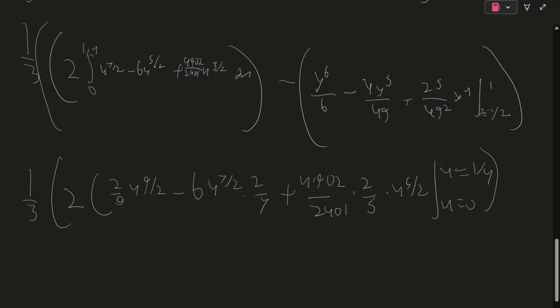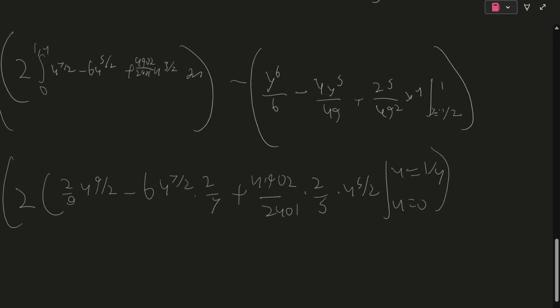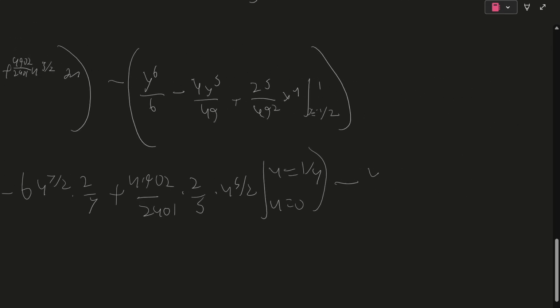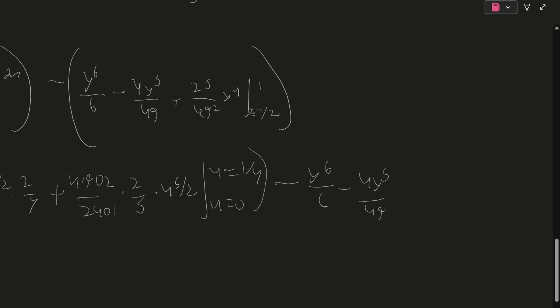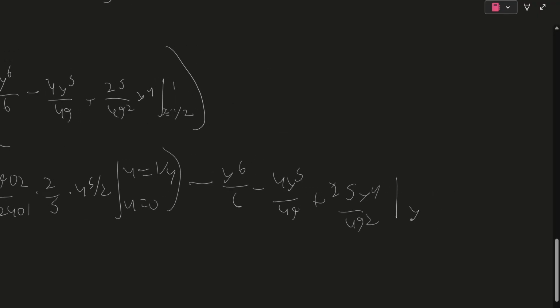And now this is going to be subtracted: y to the 6th over 6 minus 4y to the 5th over 49 plus 25y to the 4th over 49 squared, evaluated from y is equal to 1/2 to 1.